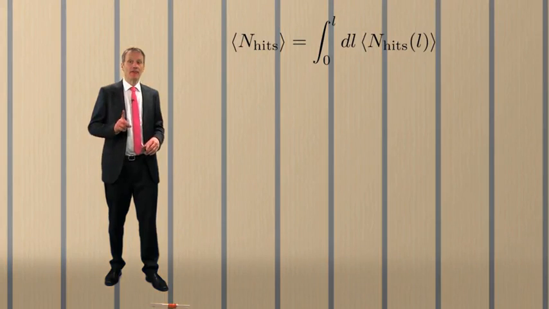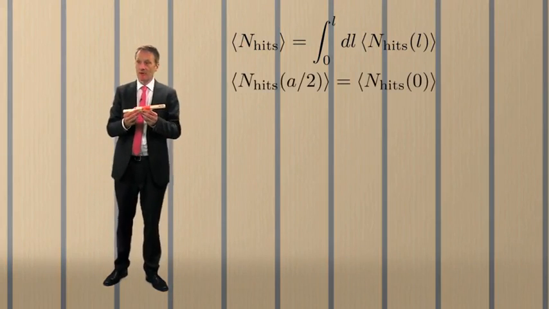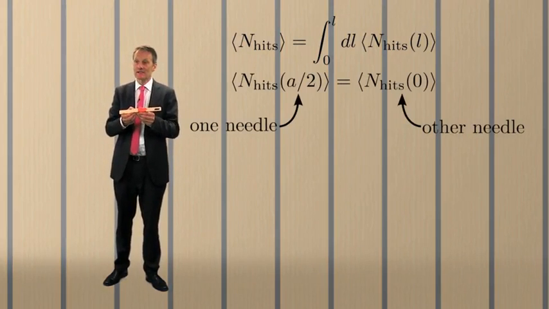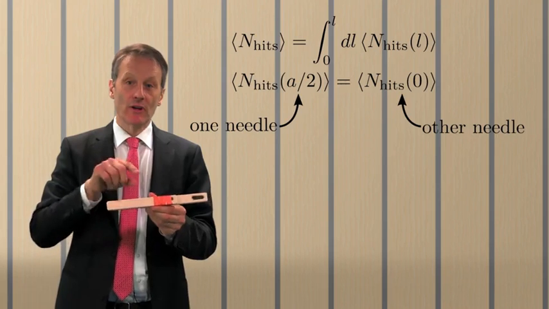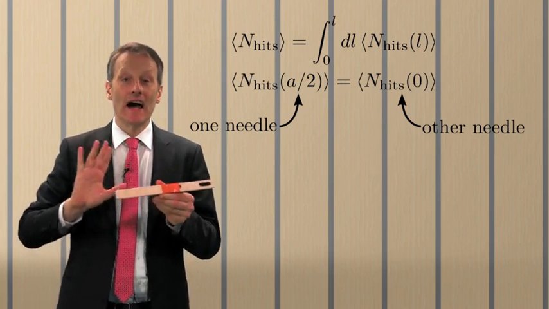But if I don't tell you which one of the needles was thrown randomly, you will not be able to tell. You see that the number of hits at the tip of one of the needles must be equal to the number of hits at the center of the other needle.